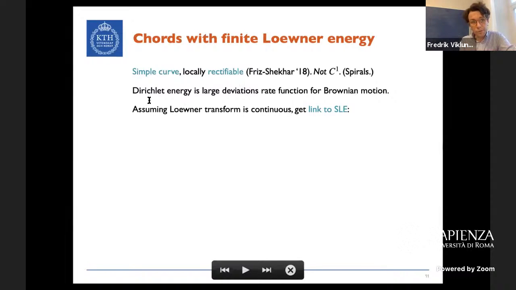So if one assumes that this Loewner transform, this mapping from driving function to curve, is continuous, we get, at least heuristically, the following link to SLE: the probability that an SLE kappa curve stays close in some way to a given chord gamma should, as kappa goes to 0, decay like e to the minus the energy divided by kappa.